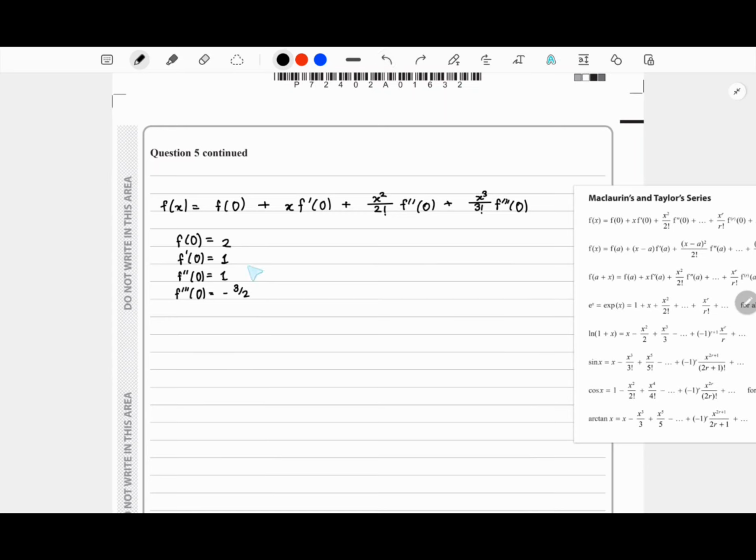Now we plug in these values in this formula, and we get y equals 2 plus x times 1, which is x, and then x squared by 2 factorial times 1, which is x squared by 2, and finally x cubed by 3 factorial times minus 3 by 2, which is minus x cubed by 4, and this is the series solution that we needed.